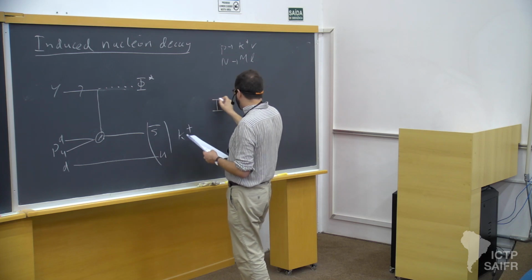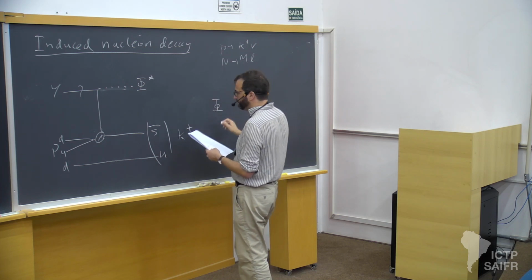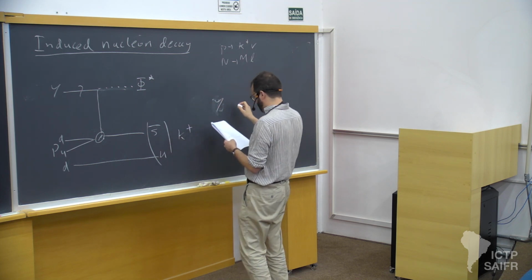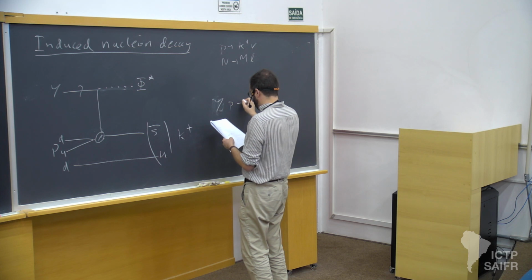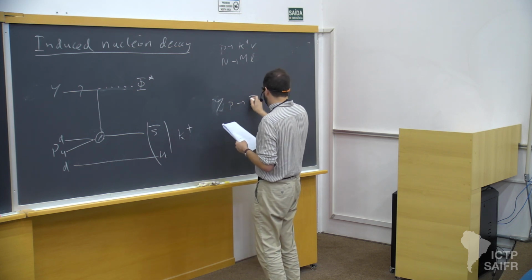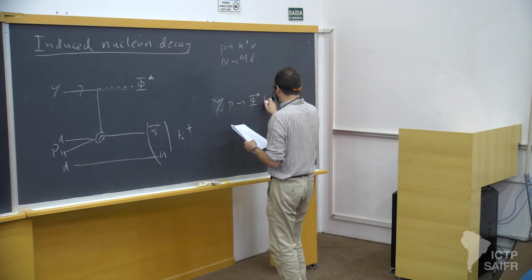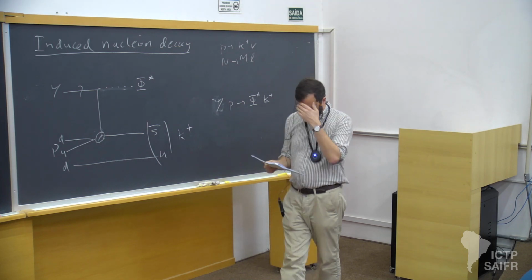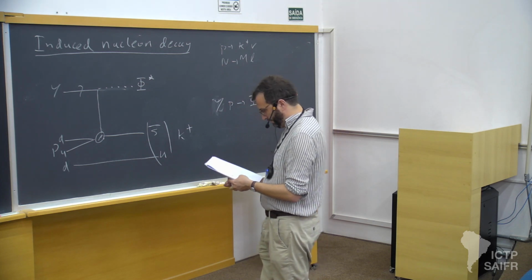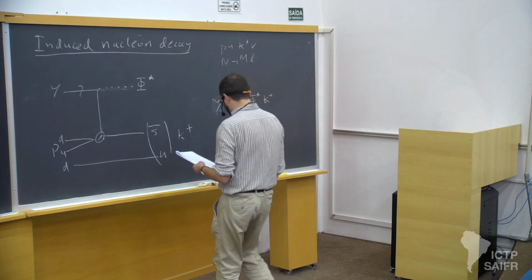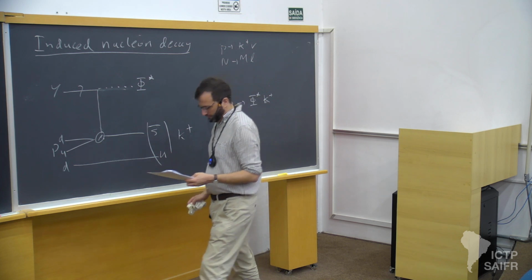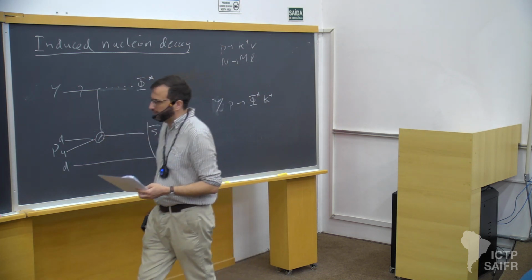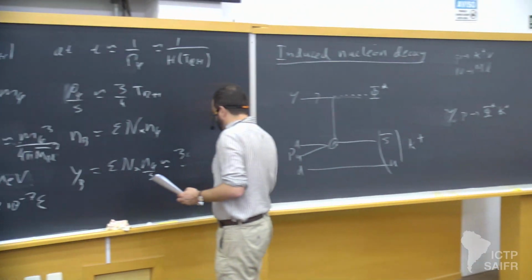In this case, Y P to phi star K plus, okay? So you can estimate the cross-section for this sort of process.